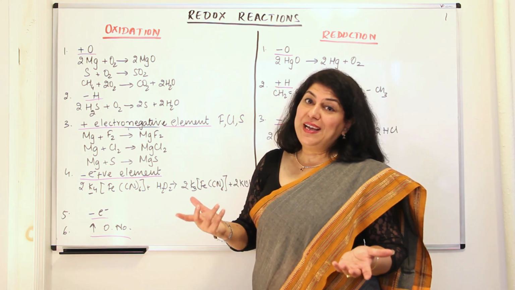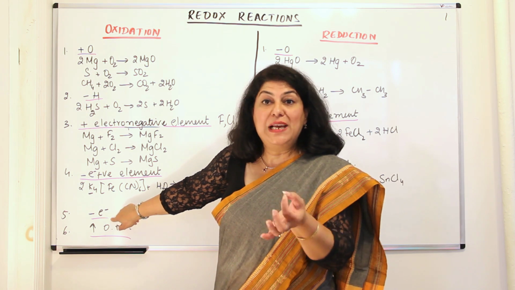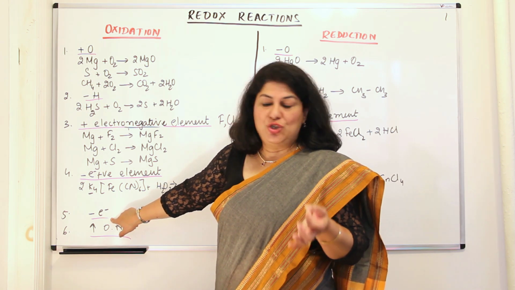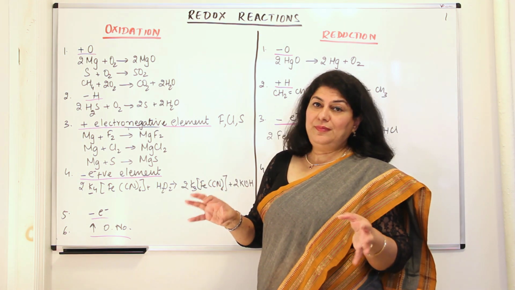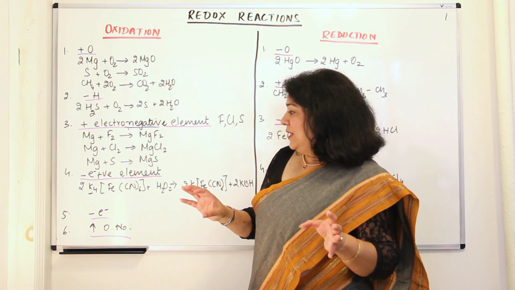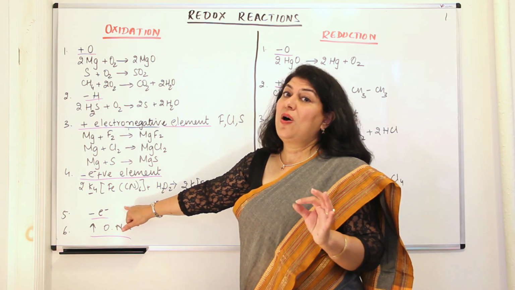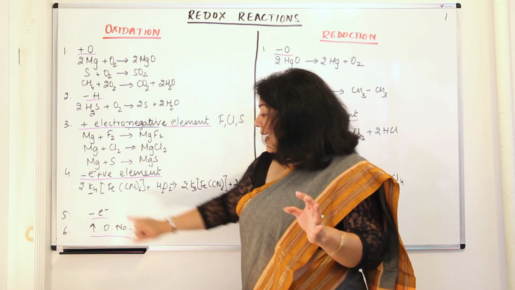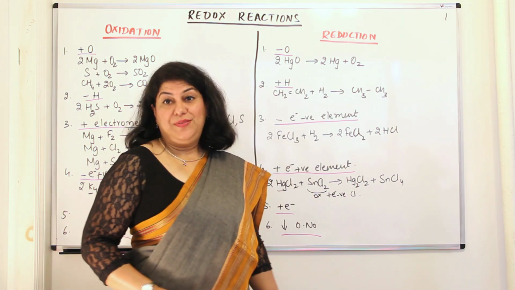Electrons are also negative. So why don't we just bring it down to the most elemental particle? We say that the removal of electrons, which are negatively charged, would be known as oxidation. And the addition of electrons would be known as reduction.